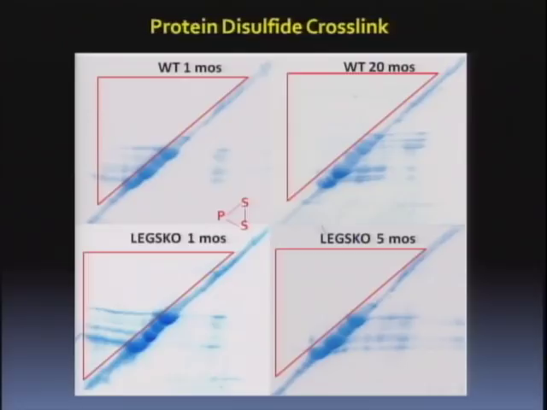For the intradisulfide formation, a very interesting result we found is that in the very young lens, most of the disulfides are intradisulfide. When they get old, this intradisulfide disappears and shifts to interdisulfide formation, similar to our LEGSKO mice.